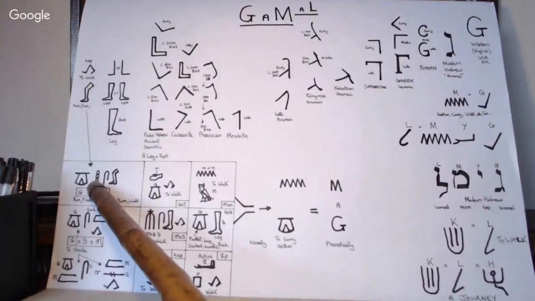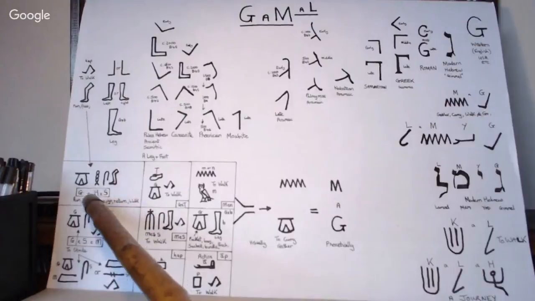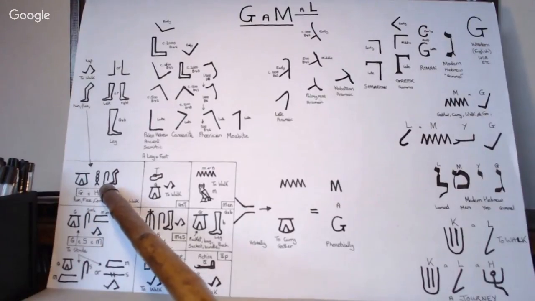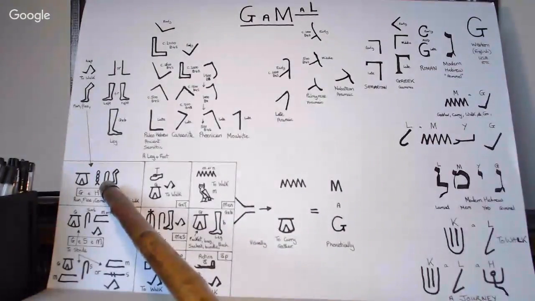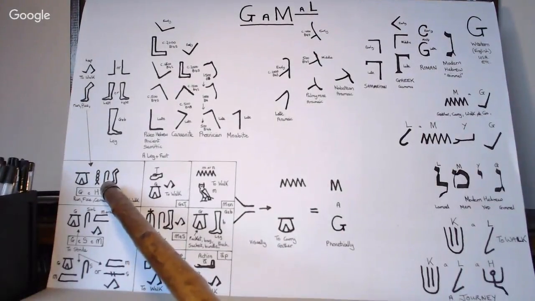This one next to it is a twisted cord, like a piece of string or rope that's twisted, and that has the sound H. Next one along is an S, which in Egyptian terms either meant folded cloth or again similar to a shepherd's crook, which is similar to the Hebrew version that came later.